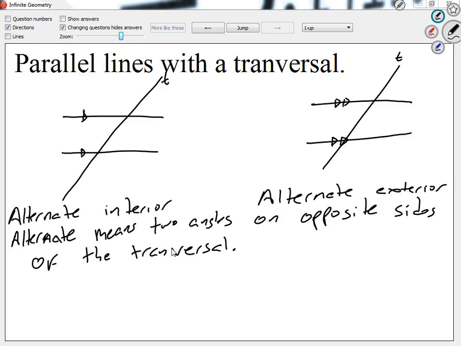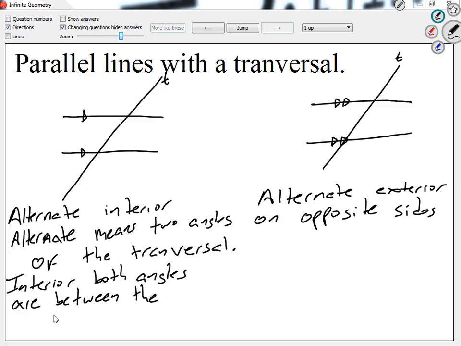That's what alternate means. Once again, I have alternate interior, alternate exterior. I have 2 rules, but for both, alternate means 2 angles on opposite sides of the transversal. Okay, so one on one side, one on the other side. For interior, both angles are between the parallel lines.